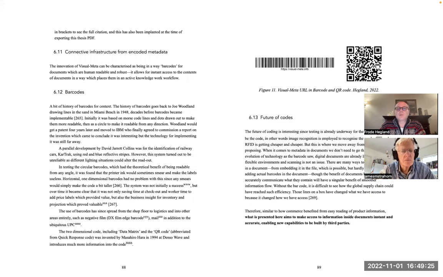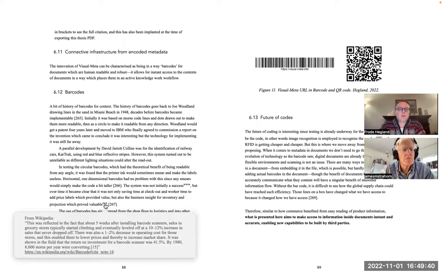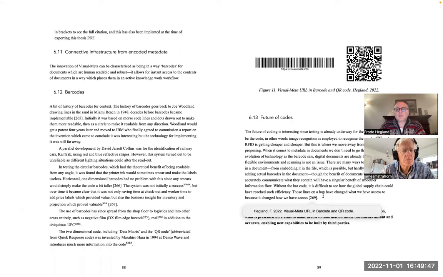And then, of course, Visual Meta expanded to be much more. Here I've added a little bit of a history of barcodes, because in a way, it becomes a barcode, right? But the way I use the endnotes is putting in a link instead of having a whole citation for a link often.